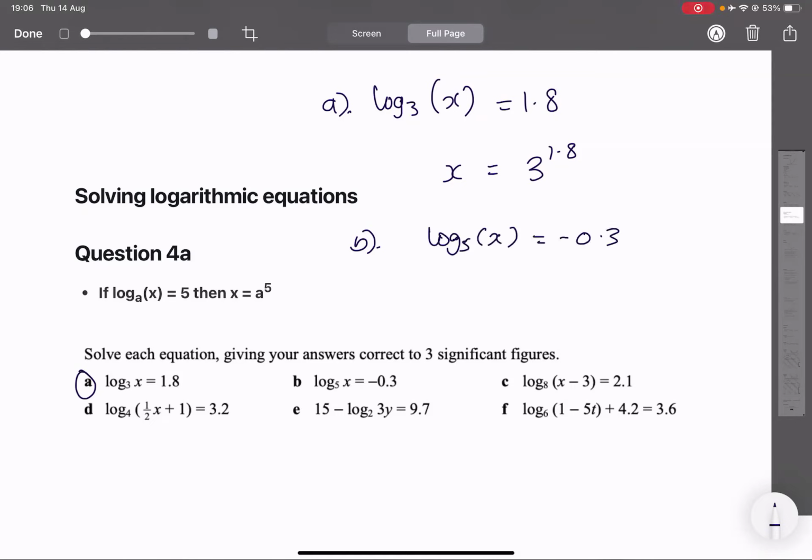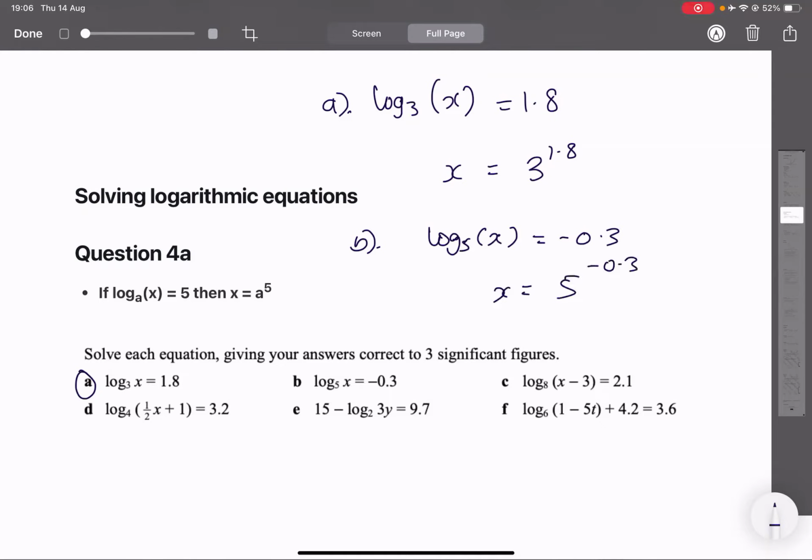So then in that case, what would be the answer for part B? What would you raise both sides to? 5 to the power of minus 0.3. Good. So x equals 5 to the power of minus 0.3. Well done.